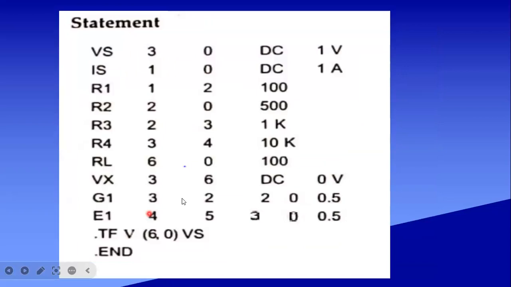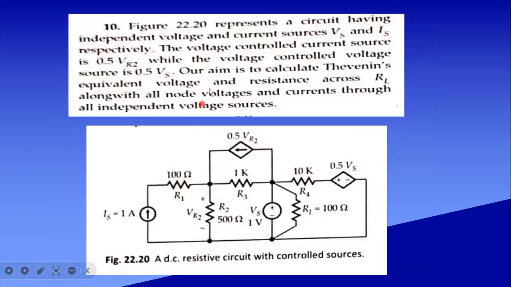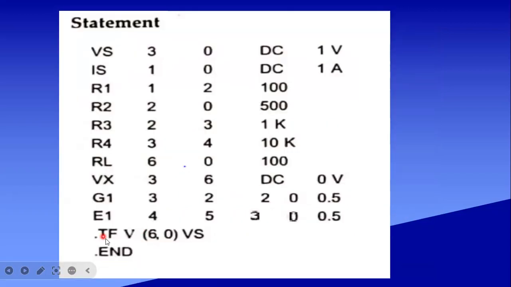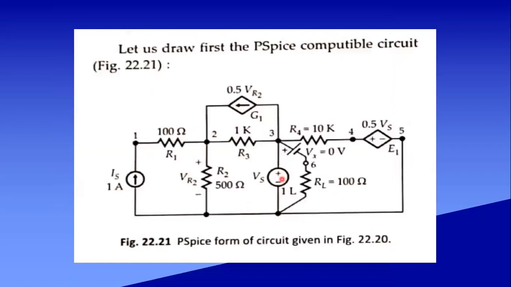Then here we have to find the Thevenin's equivalent voltage and resistance across the load resistance RL. That's why, since the 6 and 0 resistor is present, we have to write the .TF transfer function of V(6,0) and Vs. The input is Vs. Here I'm considering the input as Vs. Okay.